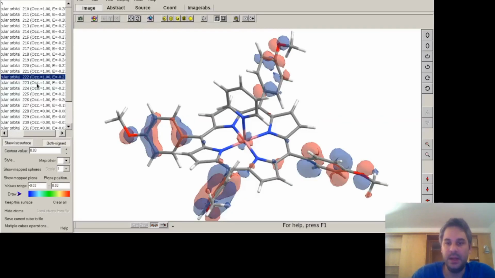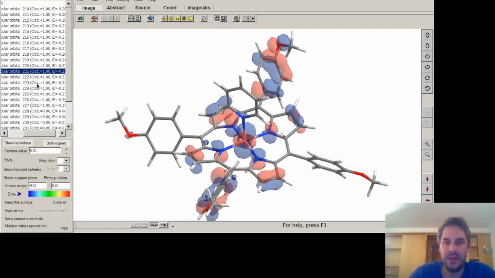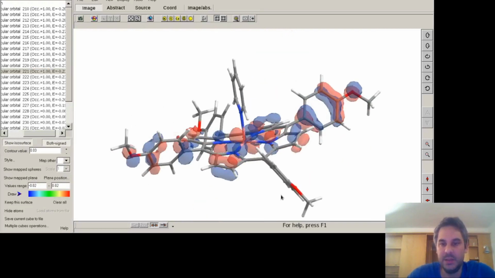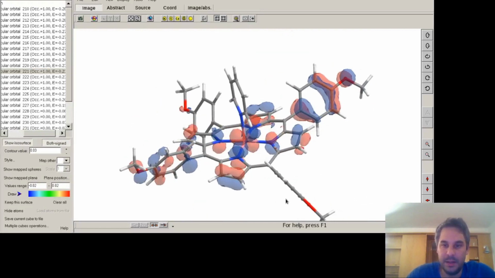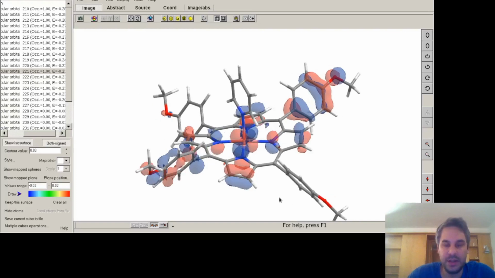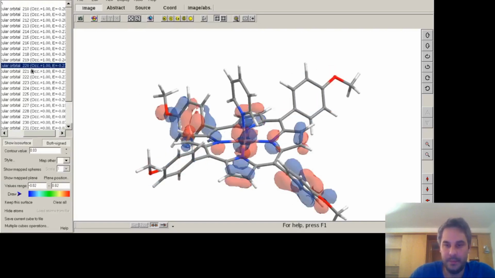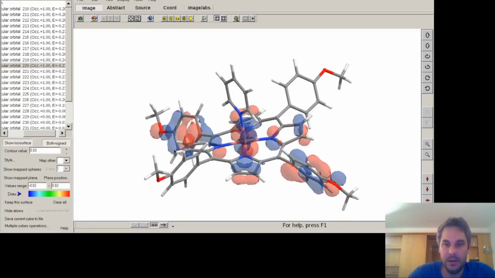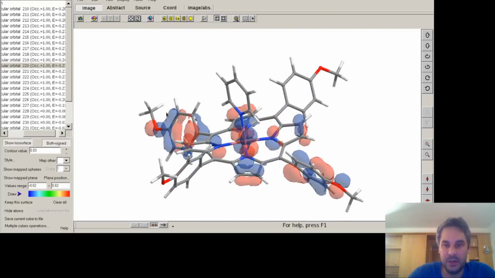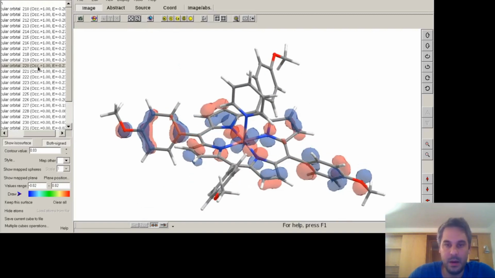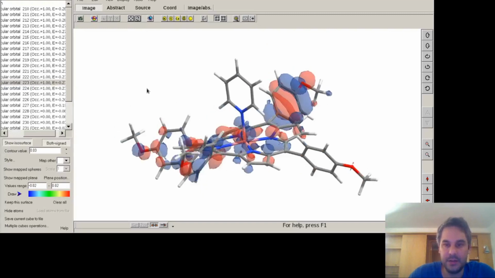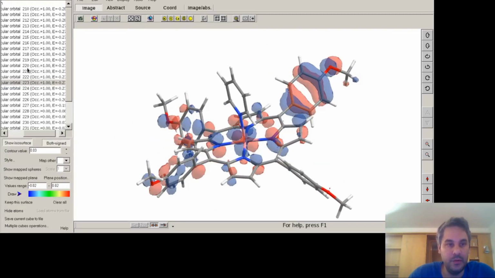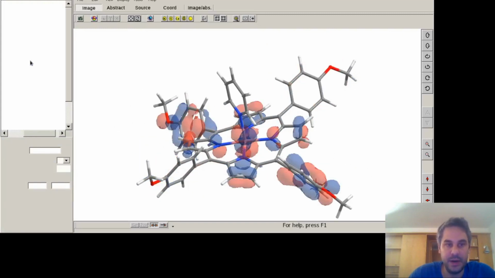This is an orbital I don't want in the active space. If I go the other way, I can see that this one is a metal orbital, which is a good candidate. 220. 219 is also a good candidate, and they are better than 222, for example, but that's relative.